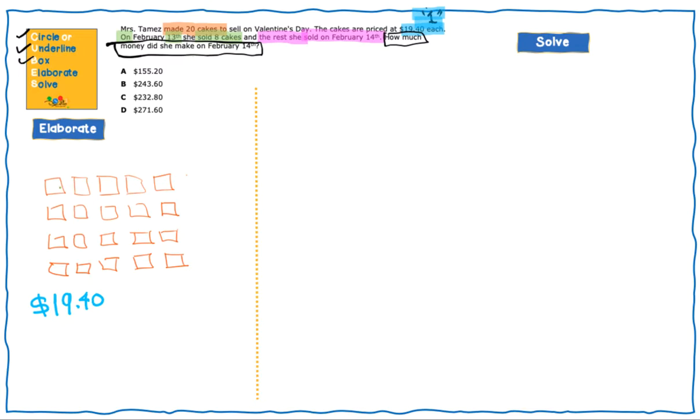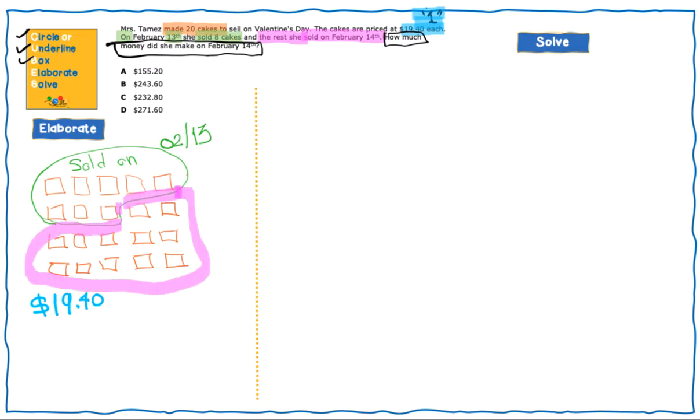So this 5 here plus 3 more were sold on February 13. And then the rest she sold on the 14th. So all of this was sold on February 14.